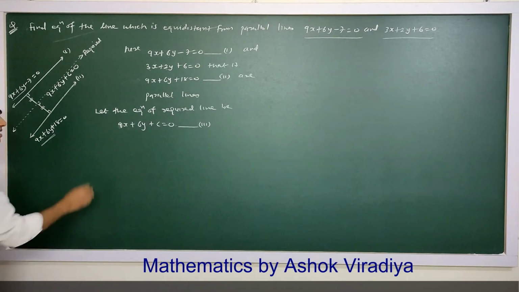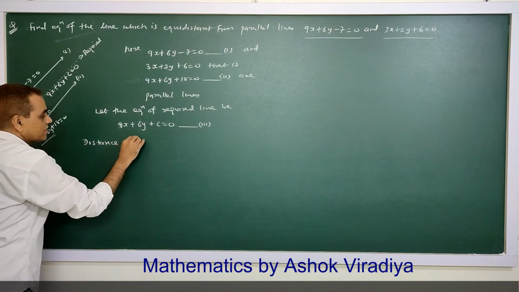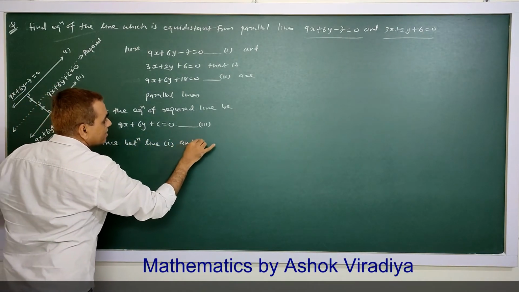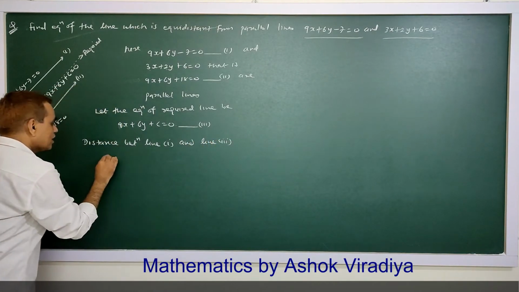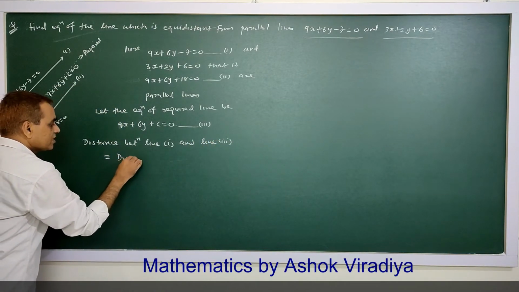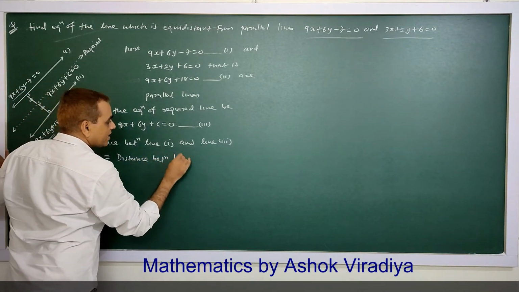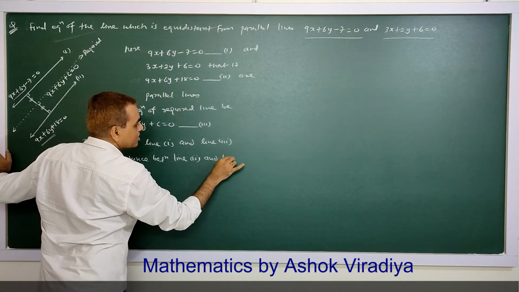Now given that the distance between line 1 and line 3 is equal to the distance between line 2 and line 3.